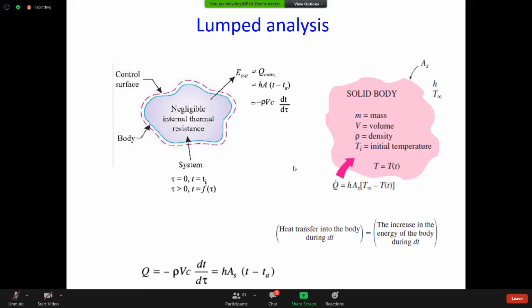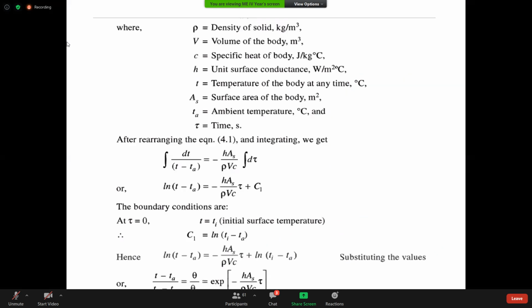Now we have to go for the analysis. According to this, I have written the equation, so it can be written like that also. Now go for the analysis.